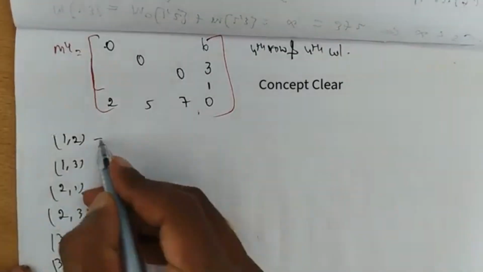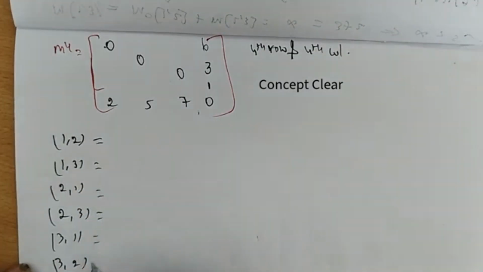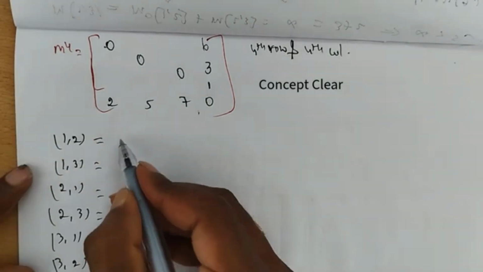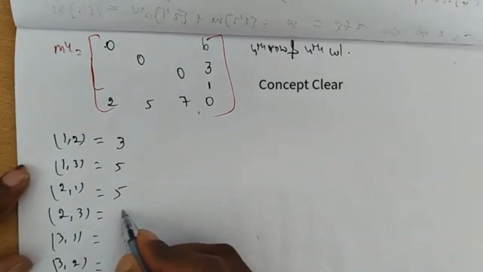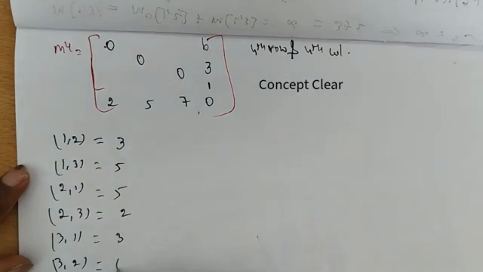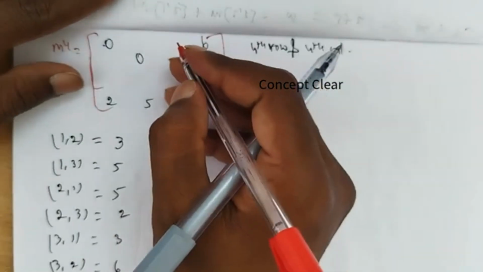If we calculate these values directly, for time being I am calculating directly. It is 3, it is 5, it is 5, it is 2, it is 3, it is 6. So I am writing here directly. So what are the values?